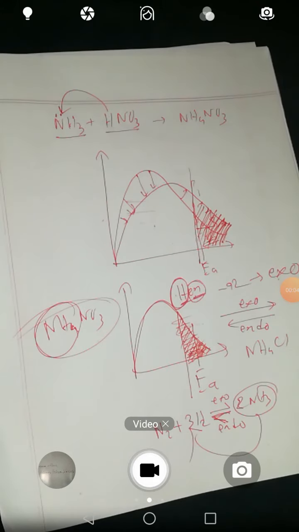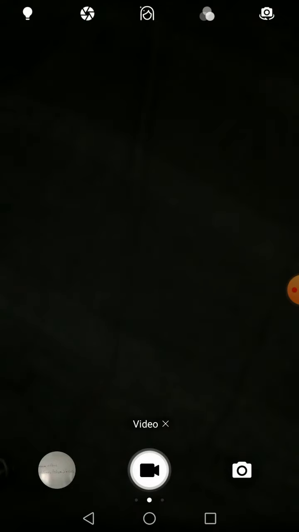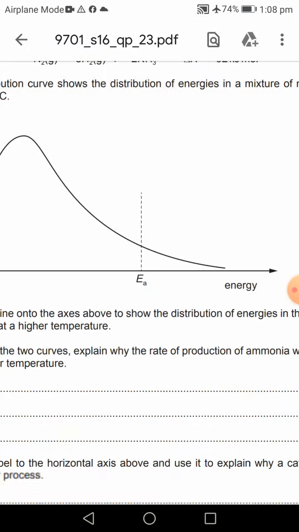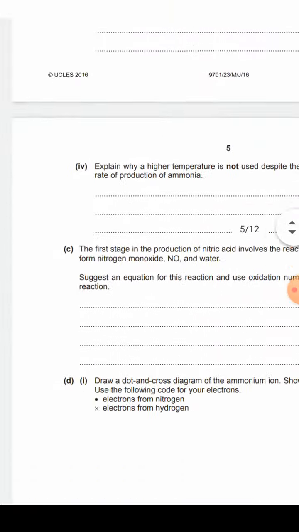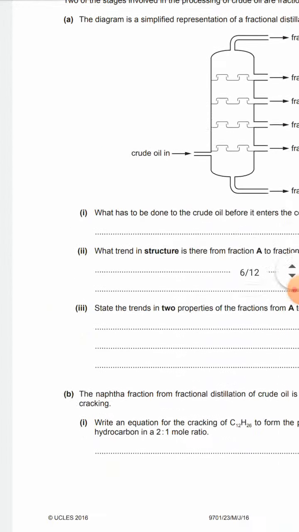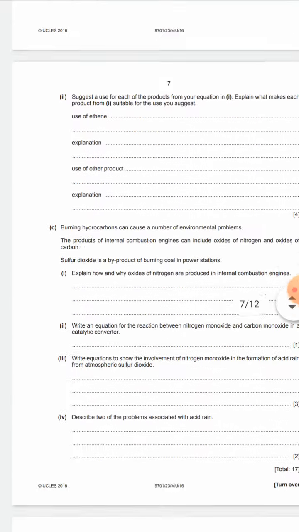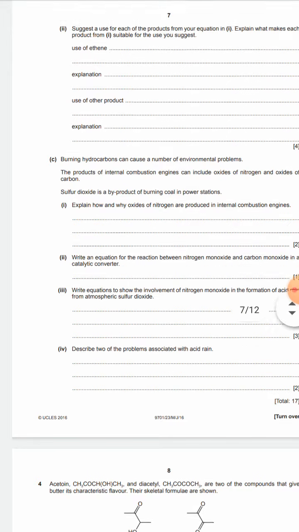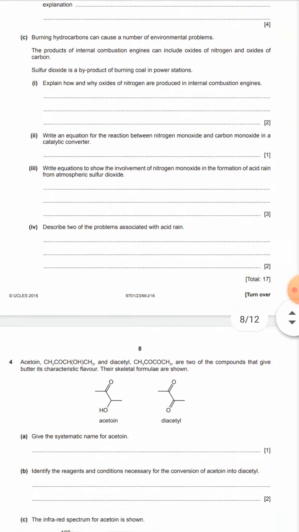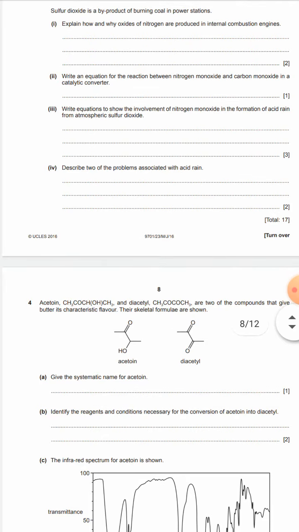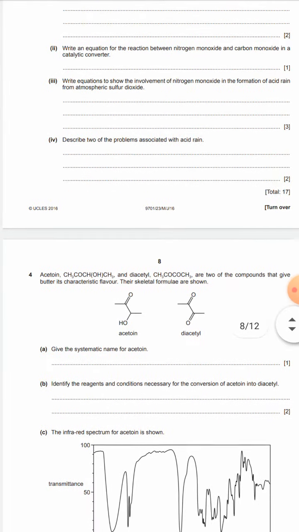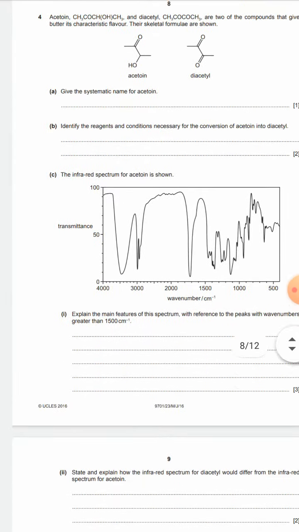Okay, so now let's go to the next question. Let's see what we have. Question number 3, parts A, B and C, has to be totally memorized.